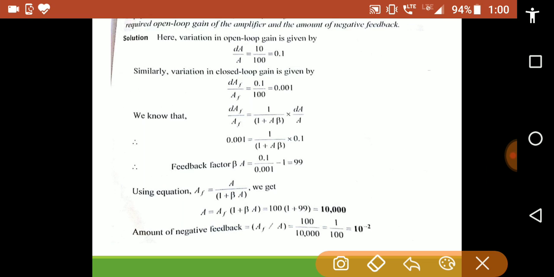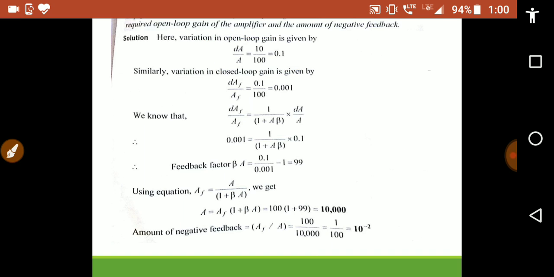So dA by A equal to 10%, equal to 10 divided by 100 equal to 0.1. So dA by A means variation in open loop gain is 10%, which is 0.1.